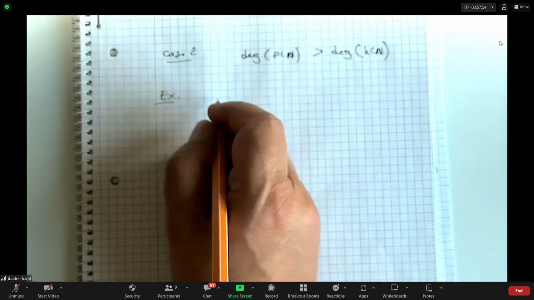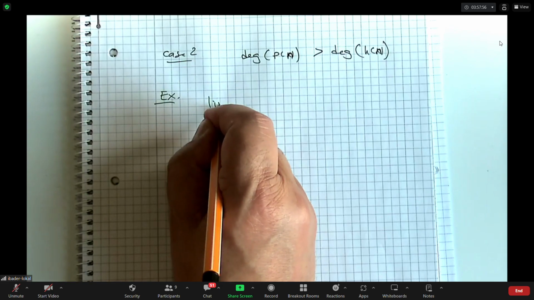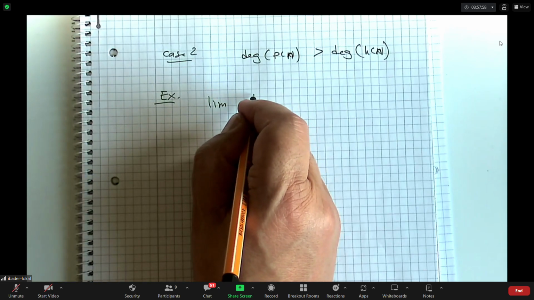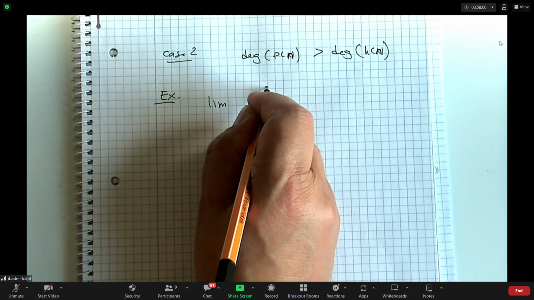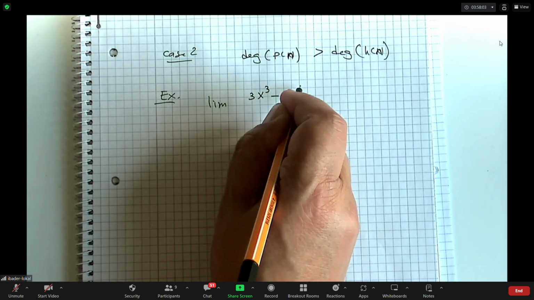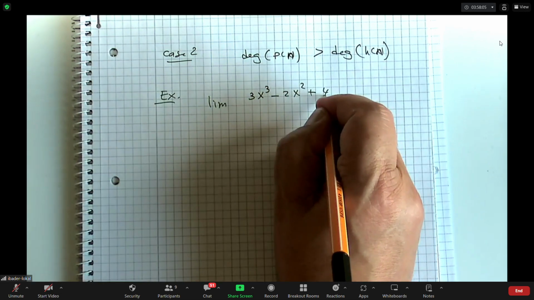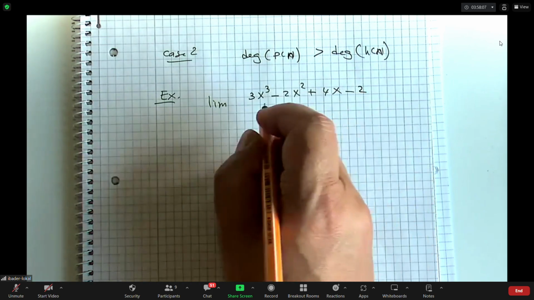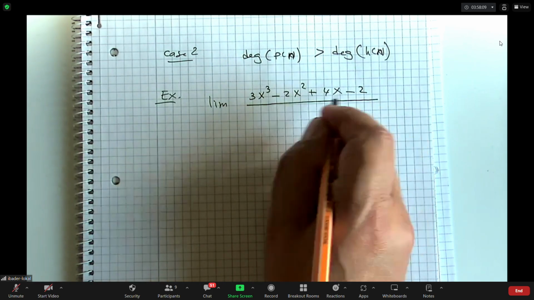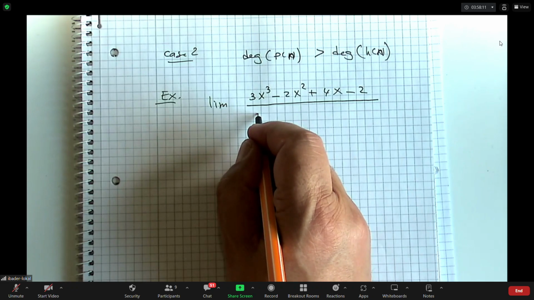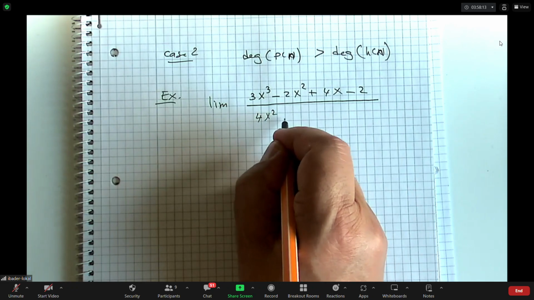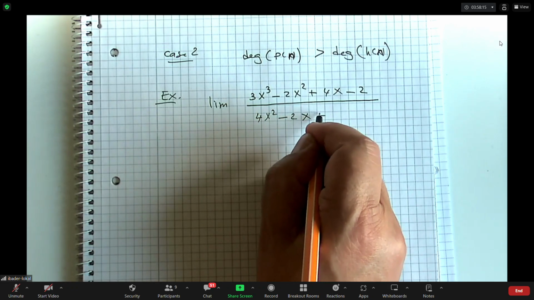higher degree. So evaluate the limit of, let's say here, 3x cubed minus 2x squared plus 4x minus 2 over, let's say here, 4x squared minus 2x plus 1.